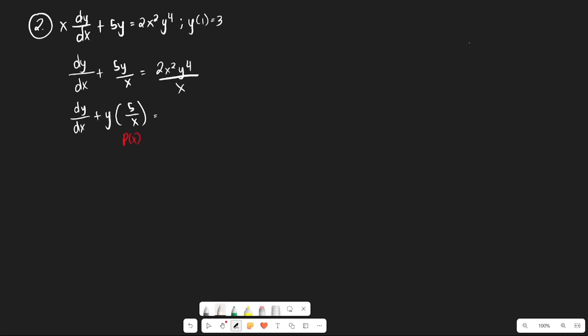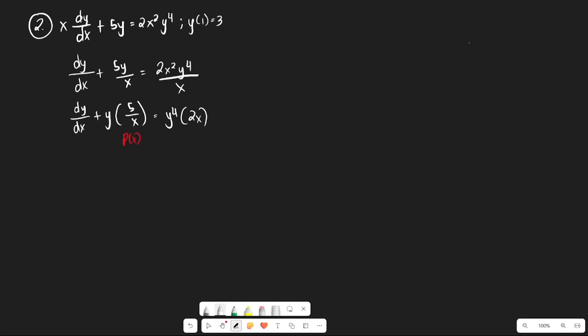Now, so we have y p of x. The next step would be finding y raised to n q of x. Where's y raised to n going to come from? Right here, so we can take that out. Y raised to 4 times your q of x is this part right here. You can get that from here, so that's going to be 2x when we've simplified it.